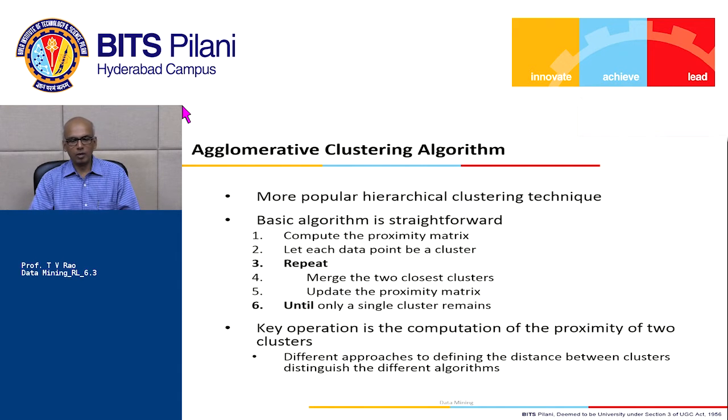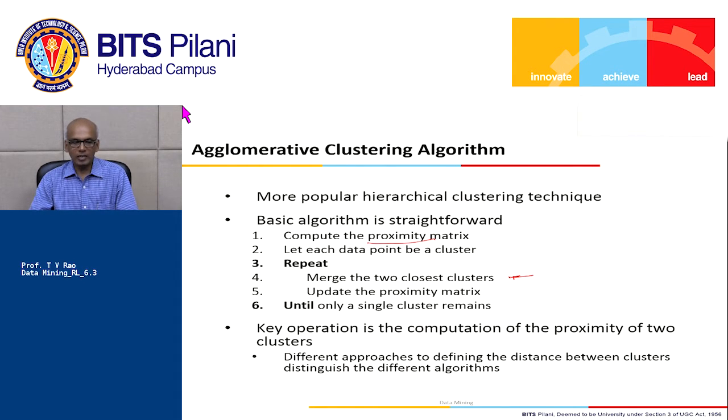The most popular basic algorithm for agglomeration is that we initially compute the proximity matrix for the entire data set we have, and then we start merging the closest clusters based on the proximity, and then we update the proximity matrix after the merger. So we initially started with 5 data points, and once we merge the 2 closest data points, we have 4 clusters, because we started with 1 point in each cluster.